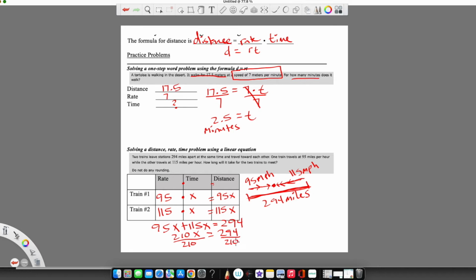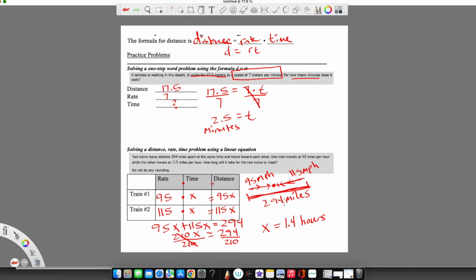Now all I have to do is divide by 210, and that'll tell me how many hours it's going to take for them to actually meet up. 210 divided by 210 is 1, so x is left by itself, and 294 divided by 210 is 1.4 hours.